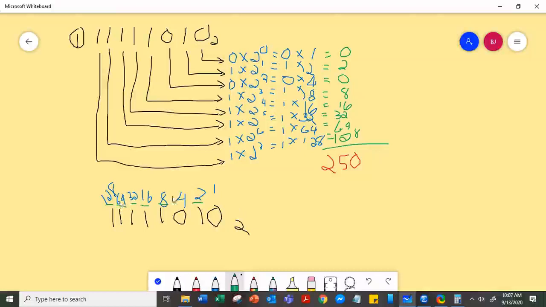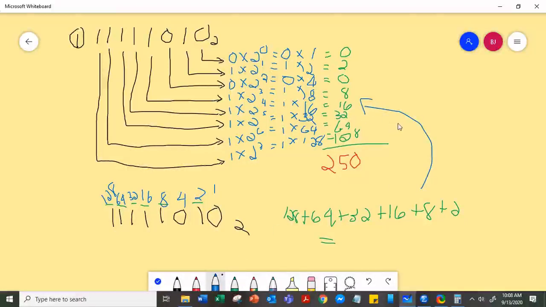So that would be 128 plus 64 plus 32 plus 16 plus 8 plus 2, which is basically this right here. 128, 64, 32, 16, 8, and 2, which we already know leads to 250 base 10. Just the same. Okay?